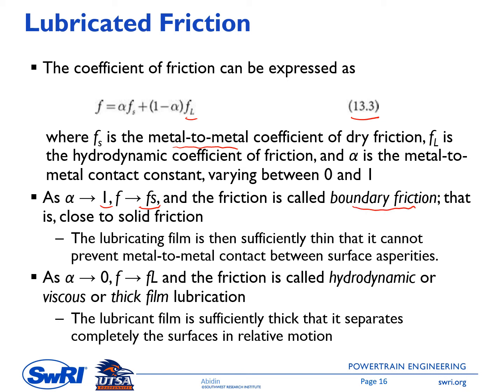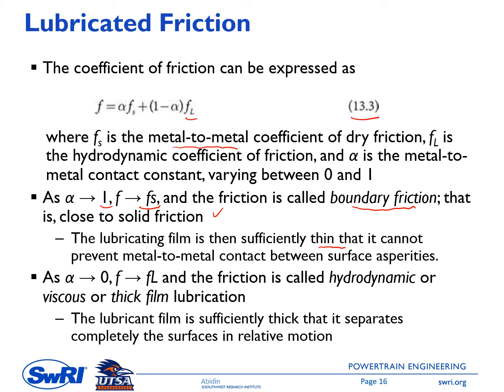As you saw in the strip diagram in the previous slide, it happens when the load is small. So this is close to solid friction. The lubricating film is sufficiently thin that it cannot prevent metal to metal contacts between surface asperities.